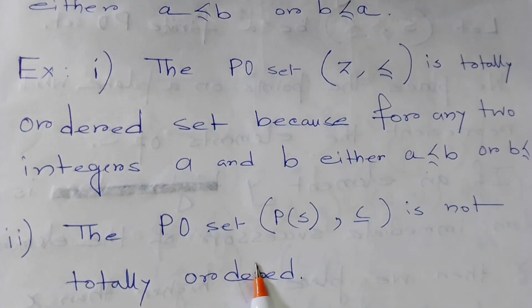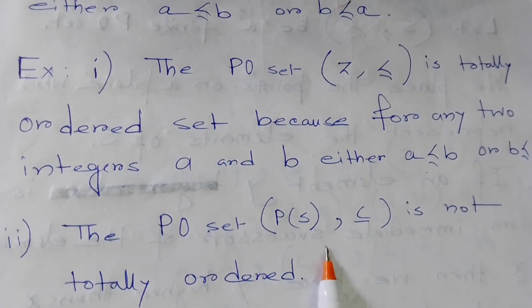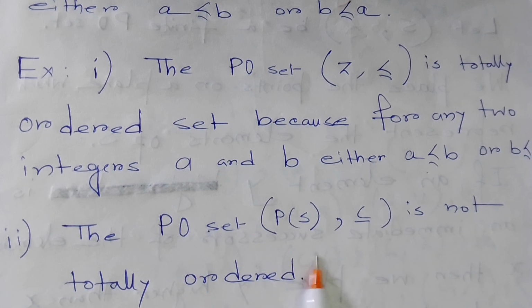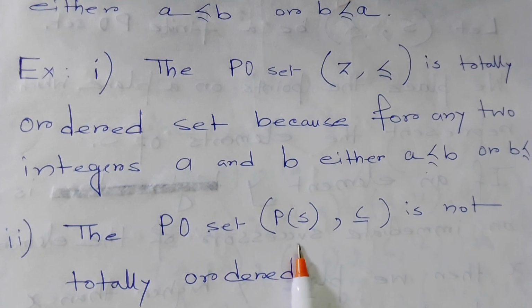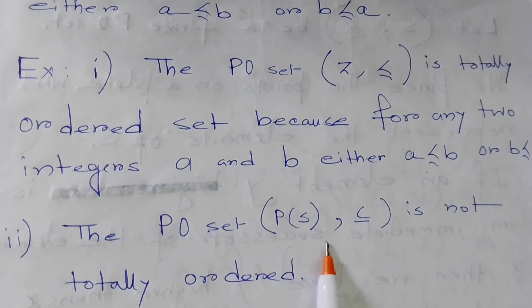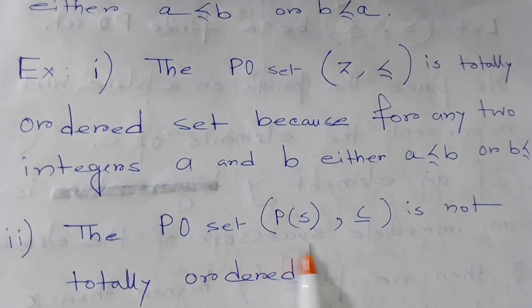And the poset (P(S), ⊆), where the relation is subset, is not totally ordered, because we know that a power set consists of every subset of the set.